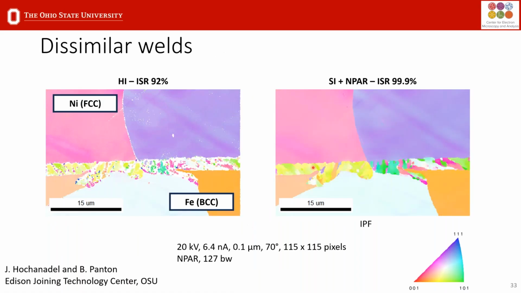The next material that we looked at is from our welding institute at Ohio State, and in this project they welded a nickel filler material, which is an FCC material, onto a substrate of iron, which is BCC.